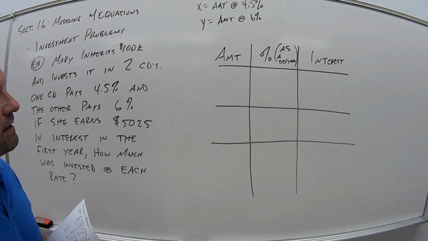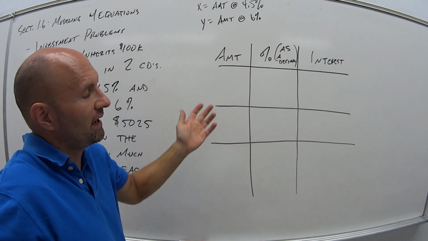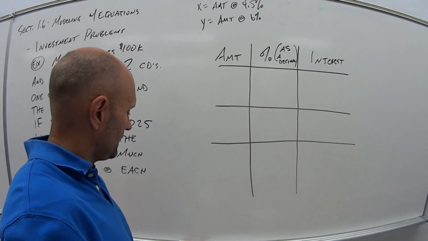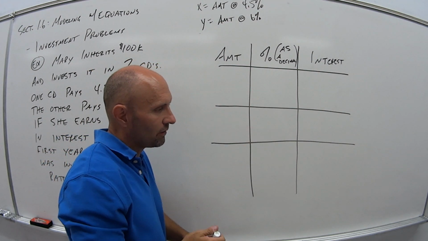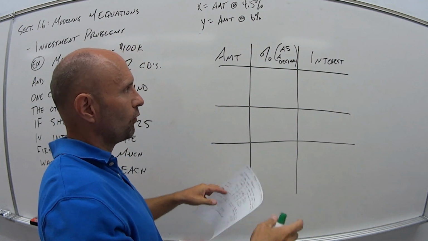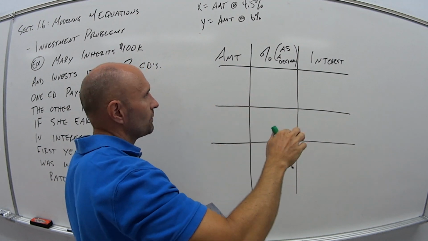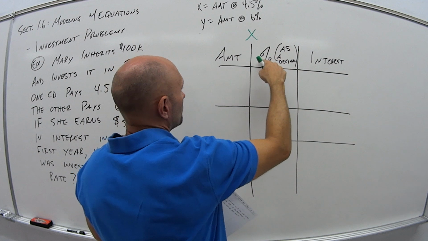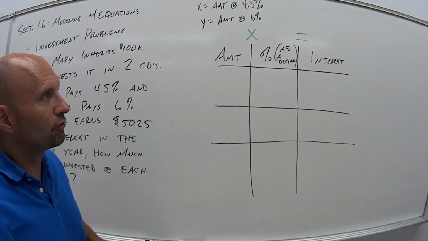And again, we'll see for a mixture problem, the last column changes the name, but the idea is still the same. Now the important thing here is when we have this table, and if you have your cheat sheet and you want to give yourself a blank table, this is what we have before we start. And once we start filling this in, some things are going to happen. We're going to multiply amount times percent, which gives us the value that goes into the interest column.